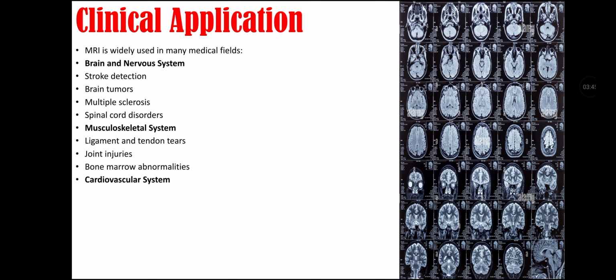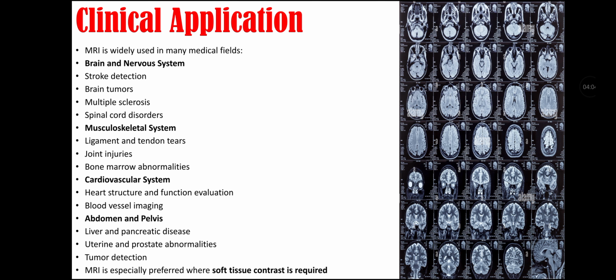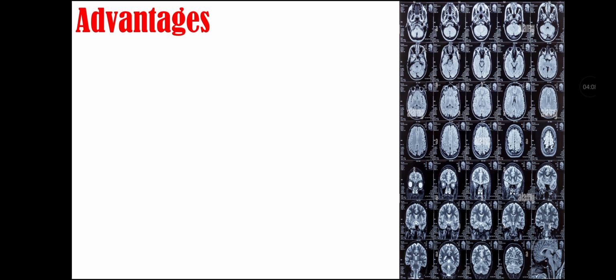It also has application in the cardiovascular system in finding out heart structure and function evaluation, and blood vessel imaging. It is also applied in the abdomen and pelvis region for liver and pancreatic disease detection, uterine and prostate abnormalities detection, and tumor detection. MRI is especially preferred where soft tissue contrast is required.